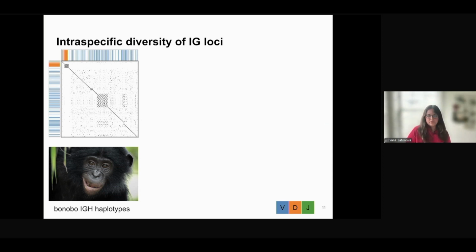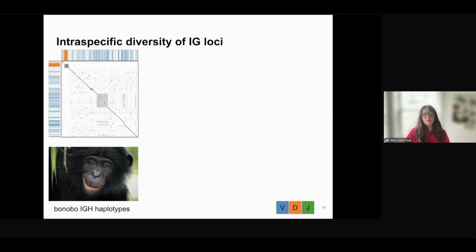Unfortunately, we don't have a lot of population data for non-human and non-model organisms, but with modern sequencing technologies and genome assembly methods, in many cases, we can generate nice haplotype-resolved assemblies that also cover immunoglobulin and T-cell loci. And then we can start comparing the diversity across different species.